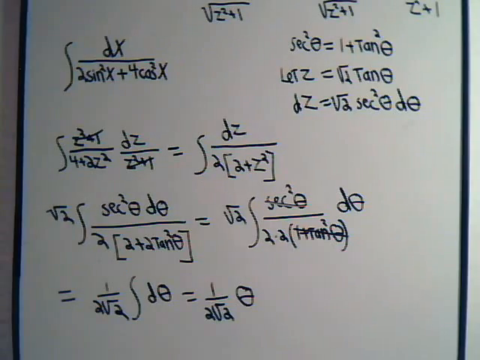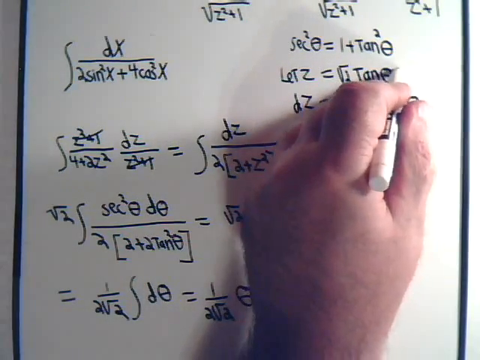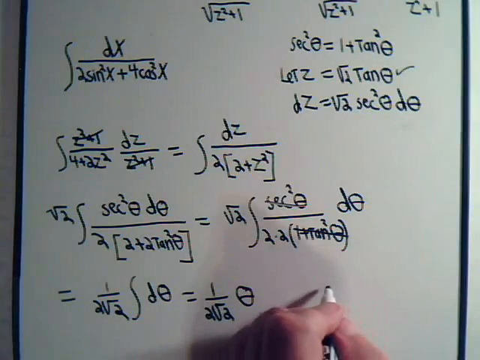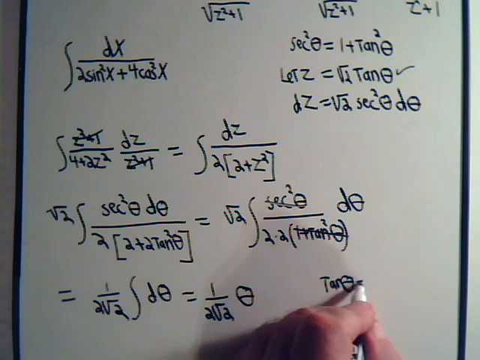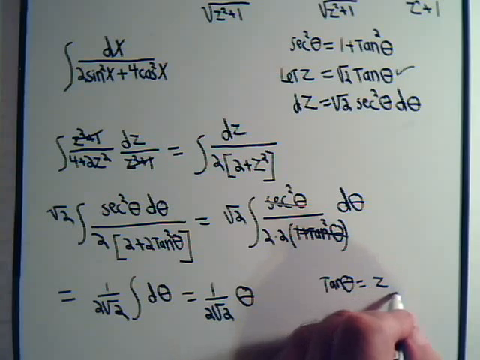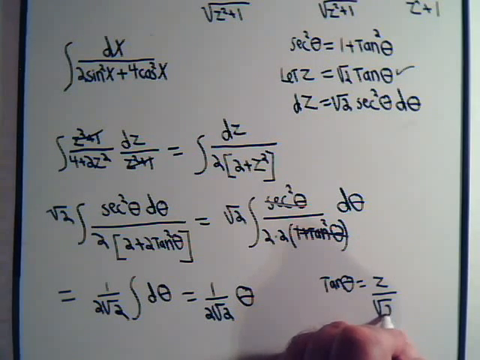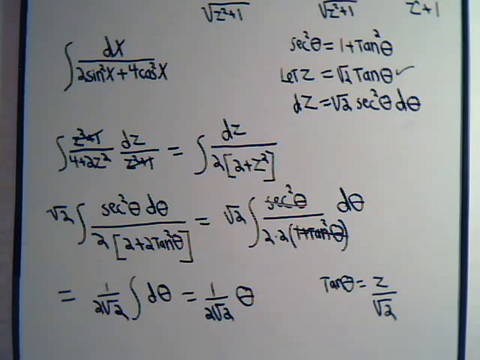And what is theta? We go back to this substitution, and we see that the tangent of theta equals z divided by the square root of 2. So we can say theta equals the inverse tangent.